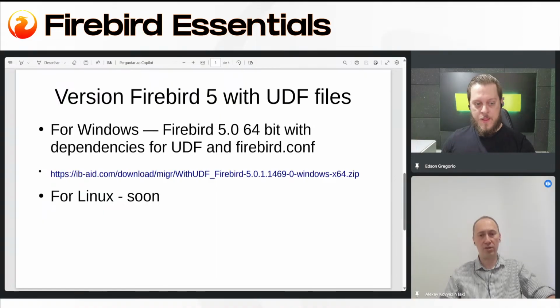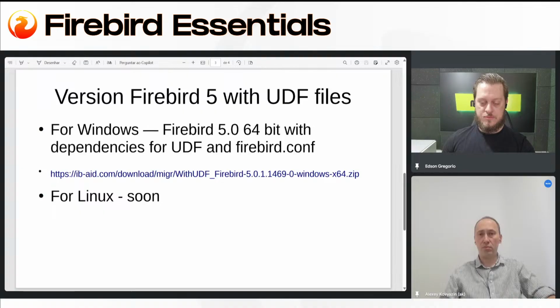They use some UDFs, and these UDFs generated some errors when they were trying to configure Firebird 5 to work with UDFs from old versions, specifically FB UDF, the standard UDF which was included in Firebird until Firebird 3, and also some popular UDFs like FreeAdHocUDF and some others.